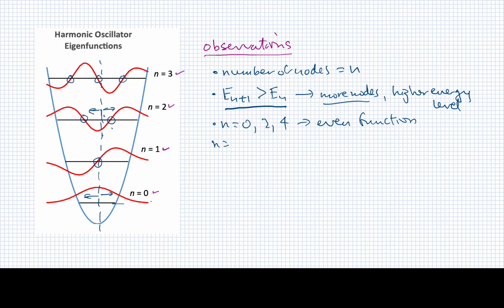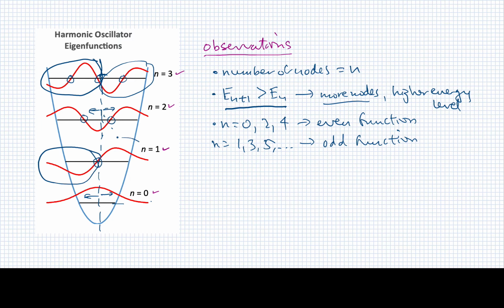This function here is symmetric too. When n is equal to 1, 3, 5, and so forth, then we end up with an odd function, which basically means we switch sign. So when we cross this barrier here, we switch sign. This part of the function is upside down relative to this part of the function. Similarly, for the n equals 1 eigenstate, this part is upside down relative to this part. So we always have odd functions when n is odd.